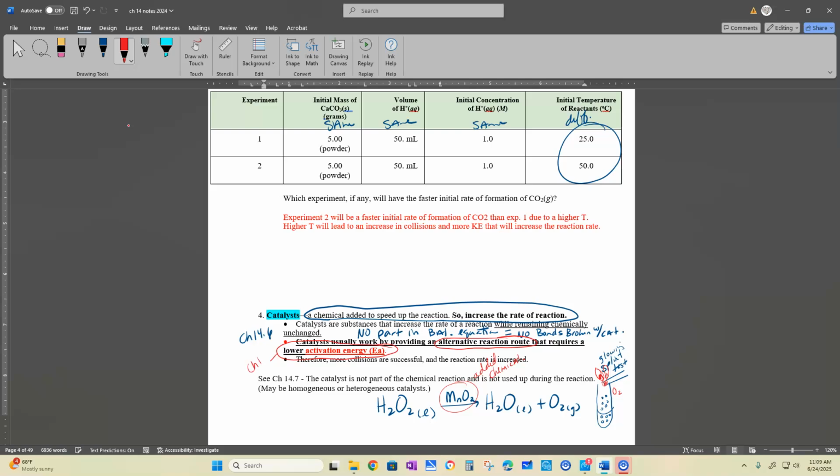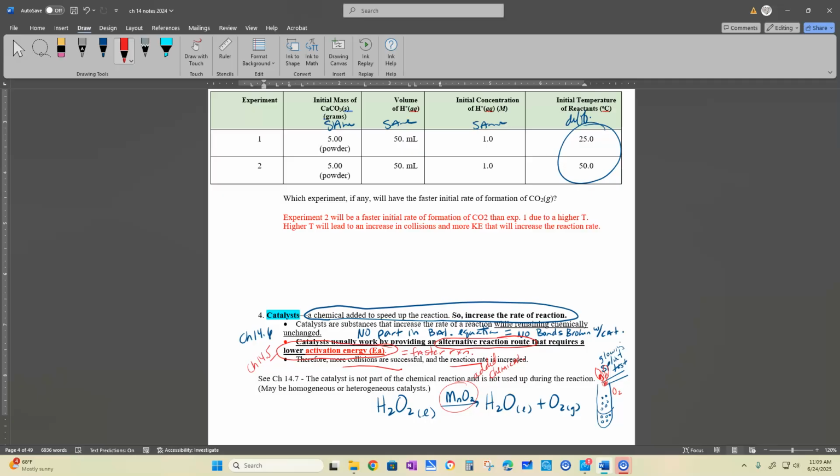So same thing, 14.5, you'll see what that alternate route is. This alternate route, lower EA, makes the reaction faster. Okay, it's like you got there faster by going a shortcut. So therefore more collisions are successful, and now the reaction rate is increased.